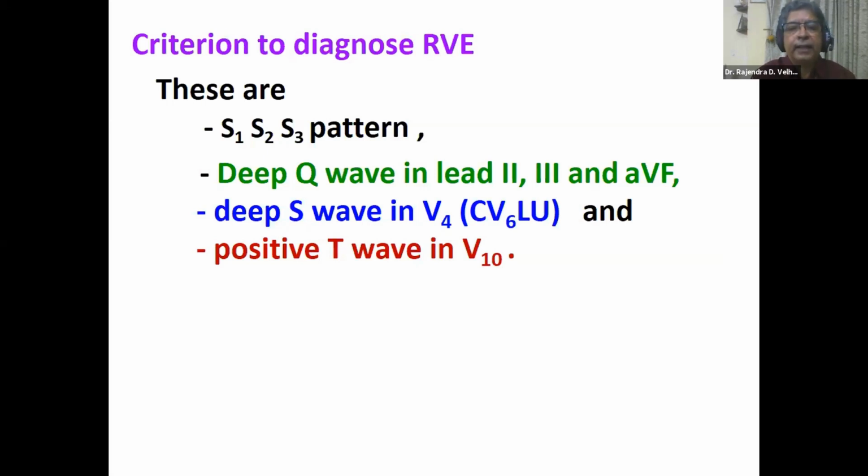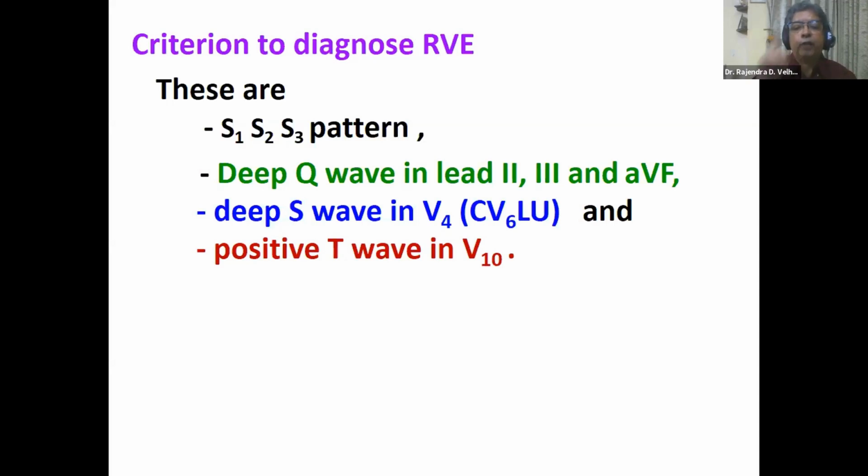You can identify right ventricular enlargement if the following criteria are fulfilled. First is the S1, S2, S3 pattern. Then a deep Q wave in leads 2, 3, and AVF. A deep S wave in lead V4, that is CV6LU. And lastly, a positive T wave in lead V10.